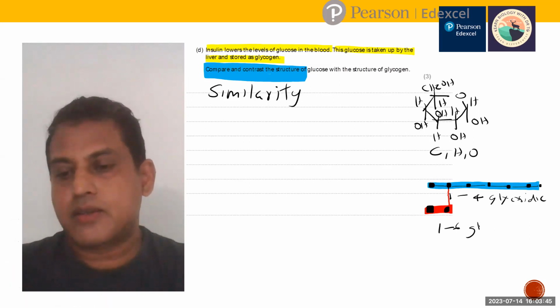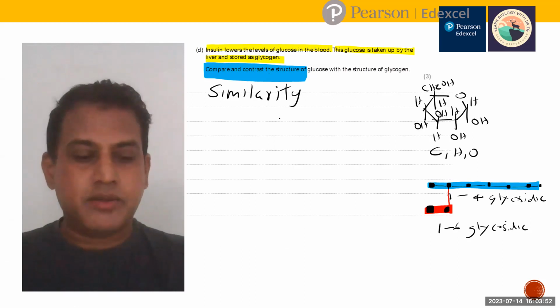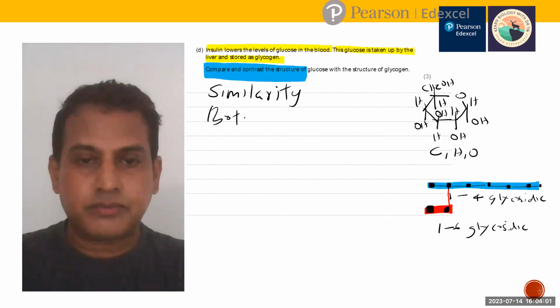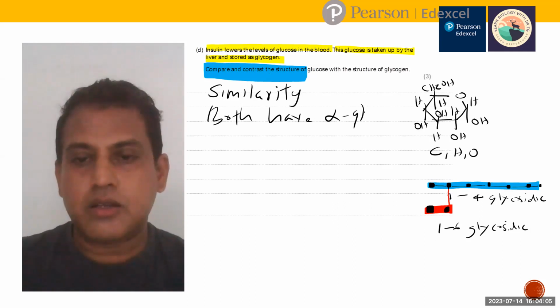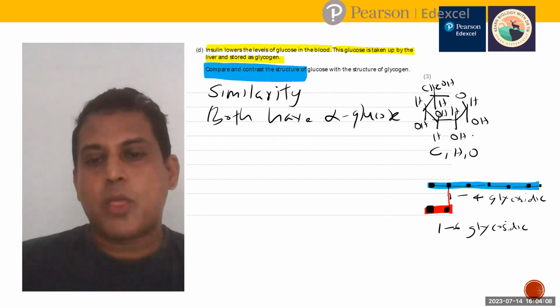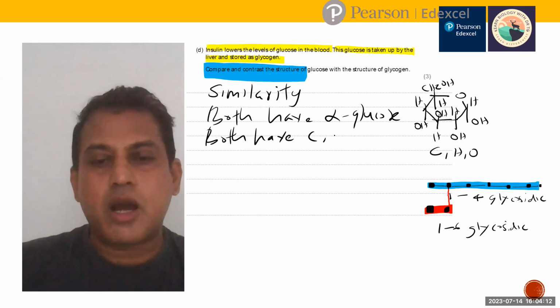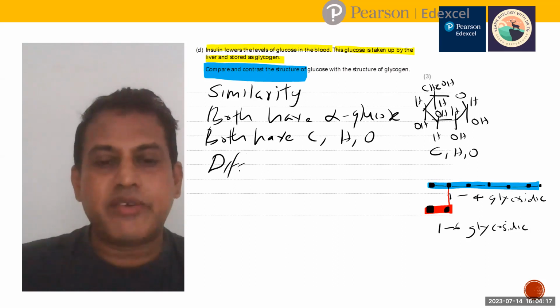So then the similarity is, we can say both have alpha glucose. We can also say both have carbon, hydrogen, oxygen. Then we come to the differences.